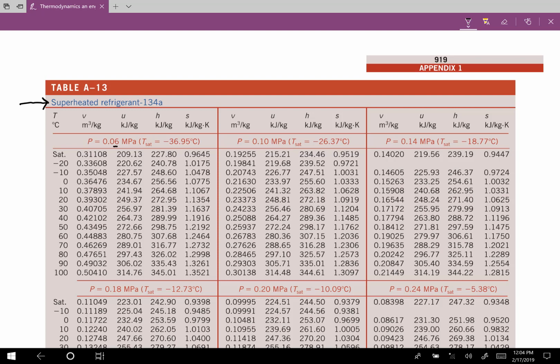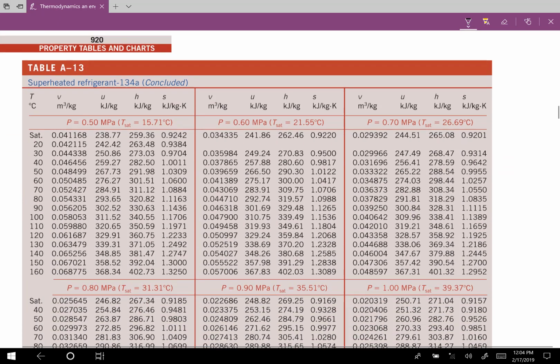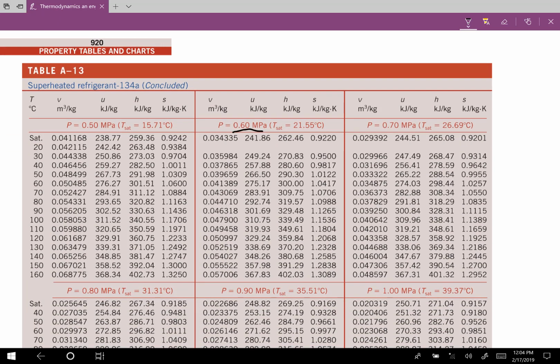The table is giving pressure in megapascals, so I need to convert that. 600 kilopascals is equal to 0.6 megapascals, which is right here. Then I'm going to look up the temperature, 90 degrees Celsius. At 90 degrees Celsius, here's the specific volume: 0.46318 meters cubed per kilogram.